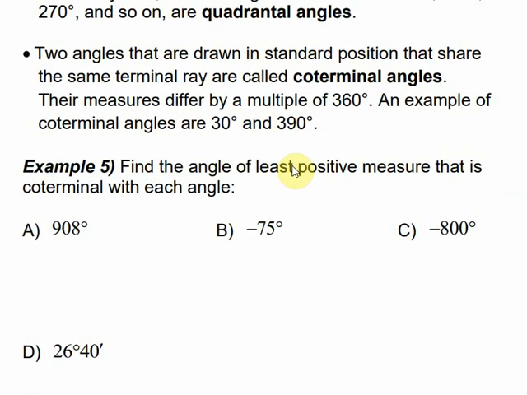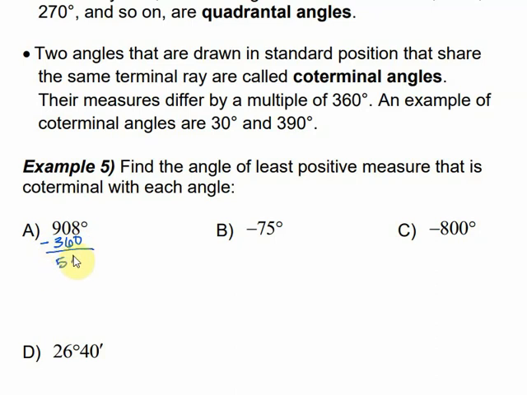Okay, so to find an angle of least positive measure that's coterminal with each angle, they mean the smallest angle that would land in that same spot. If it's a big number like this, we're going to just start subtracting 360 degrees. So if I subtract 360 degrees from 908, that gives me 548.